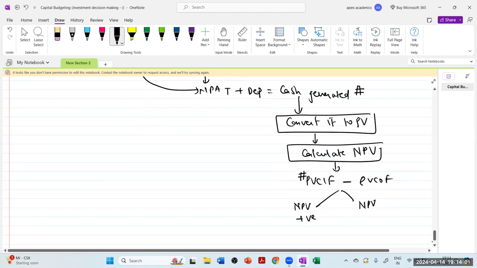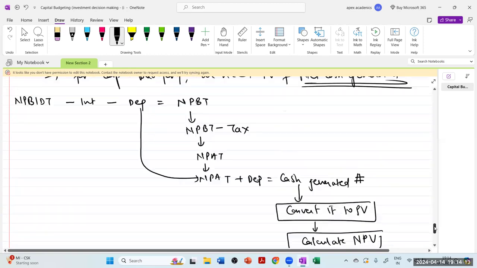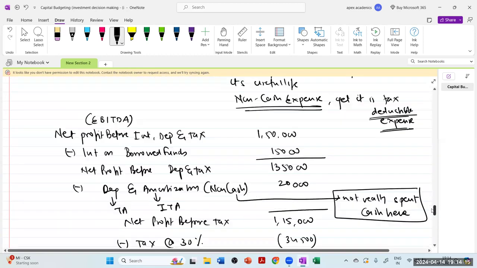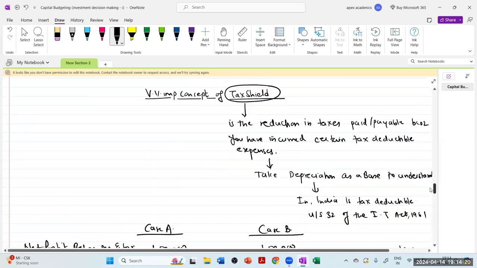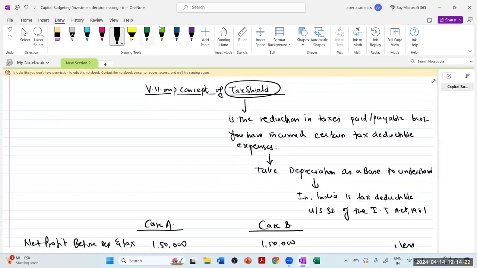If NPV is positive or nil, you will buy the asset. If NPV is negative, you will not buy the asset. I hope this is clear for everybody. Yes or no? Please tell me that. Yes, guys? Easy, not very difficult, but of course, a very, very important concept.